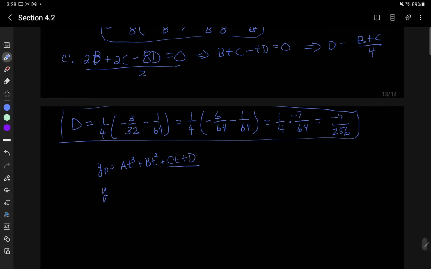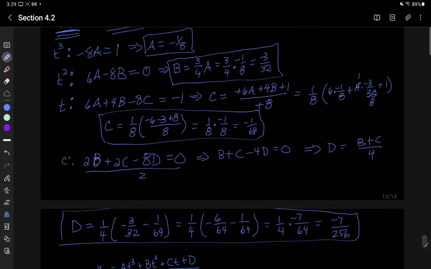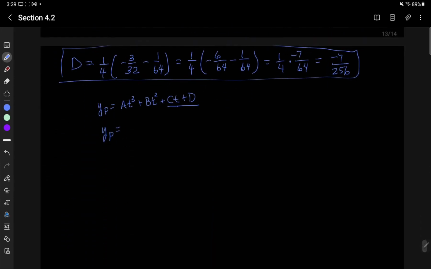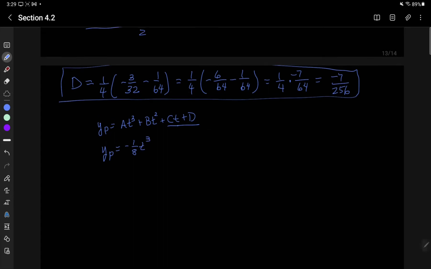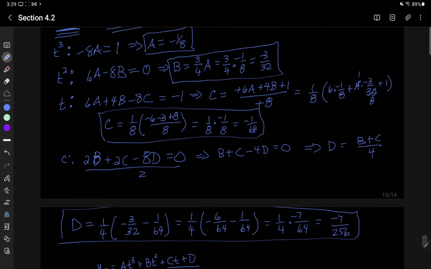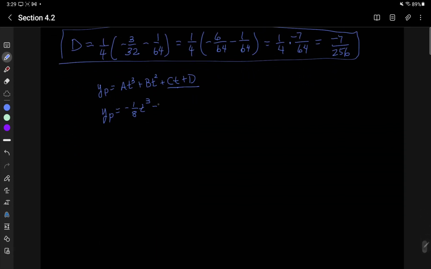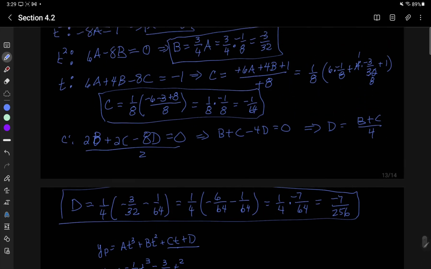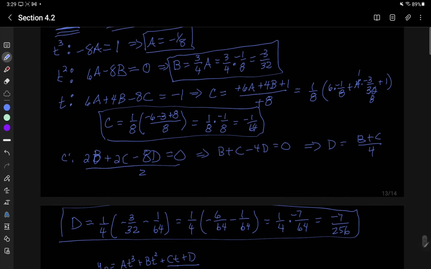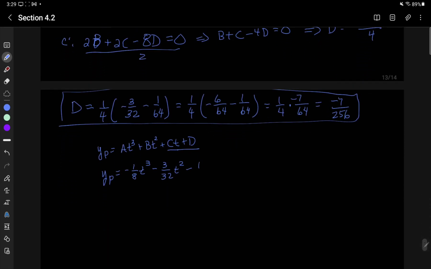And so for my particular solution, I get A, which is -1/8, t to the third, plus B, which is -3/32, minus 3/32 t squared, plus c, which is negative 1 over 64, minus 1 over 64 t, and then plus d, which is minus 7 over 256.